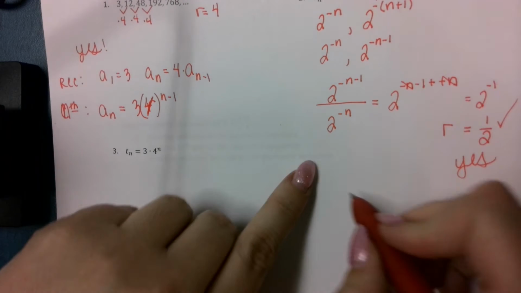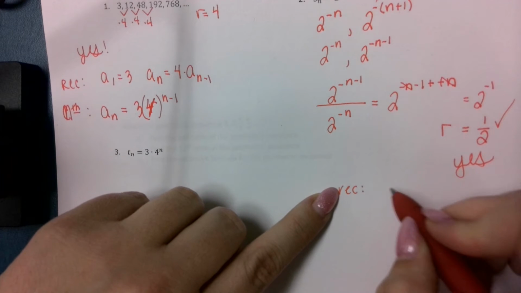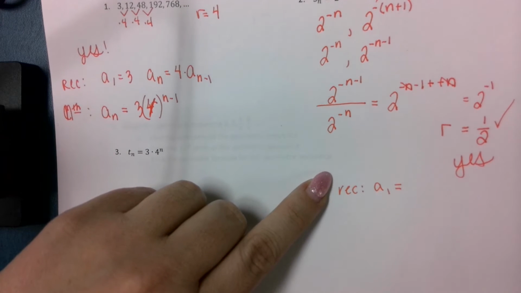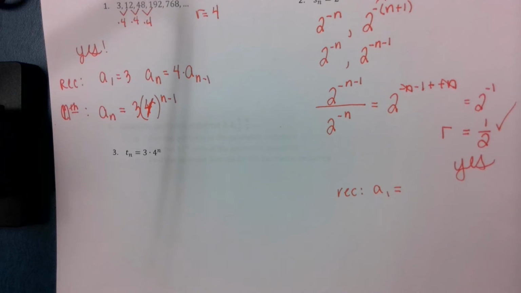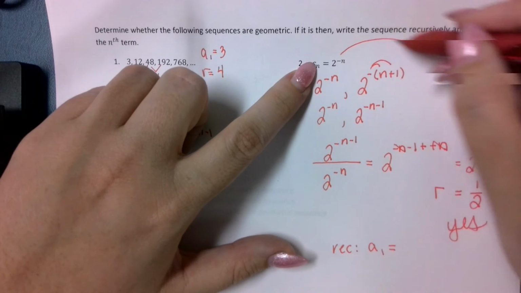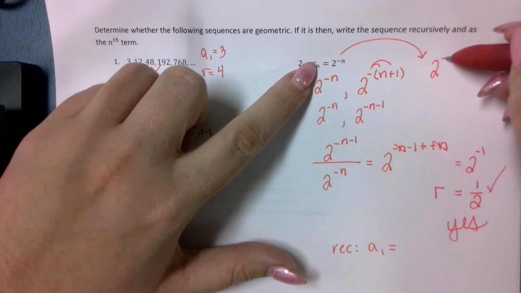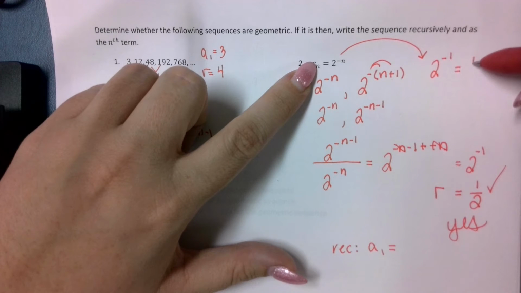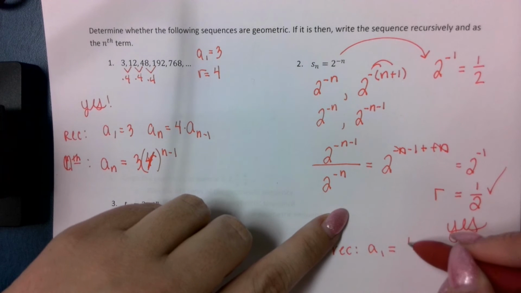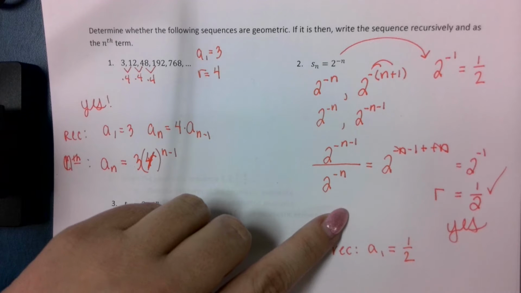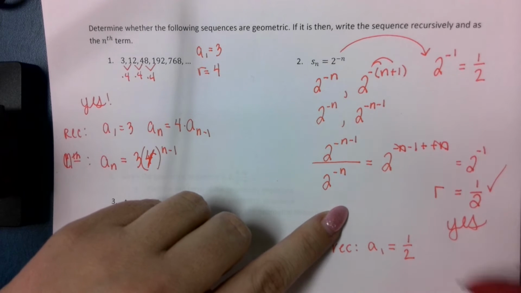So now I'm going to write it recursively. Well, what is a sub 1? To figure out a sub 1, I have to plug in 1 to my formula. So if I plug in 1, 2 to the negative 1 gives me 1/2. So our a sub 1 is 1/2, and our r just happens to also be 1/2.